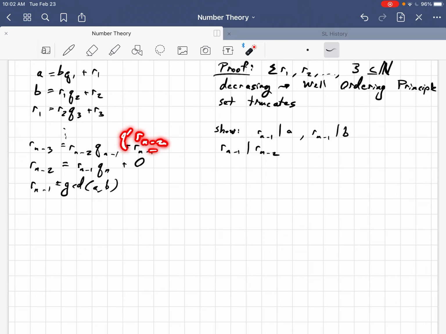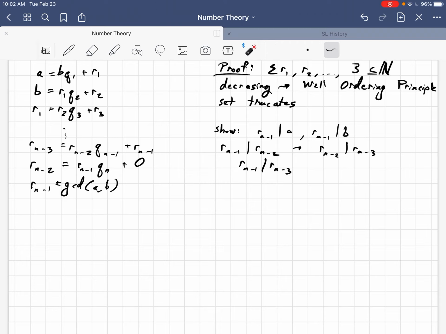In other words, I'd have an R sub n minus 2 and an R sub n minus 2. And then I'd have R sub n minus 2 as a common factor. And so this implies that R sub n minus 2 divides R sub n minus 3. But division has this transitivity, and so therefore R sub n minus 1 divides R sub n minus 3.